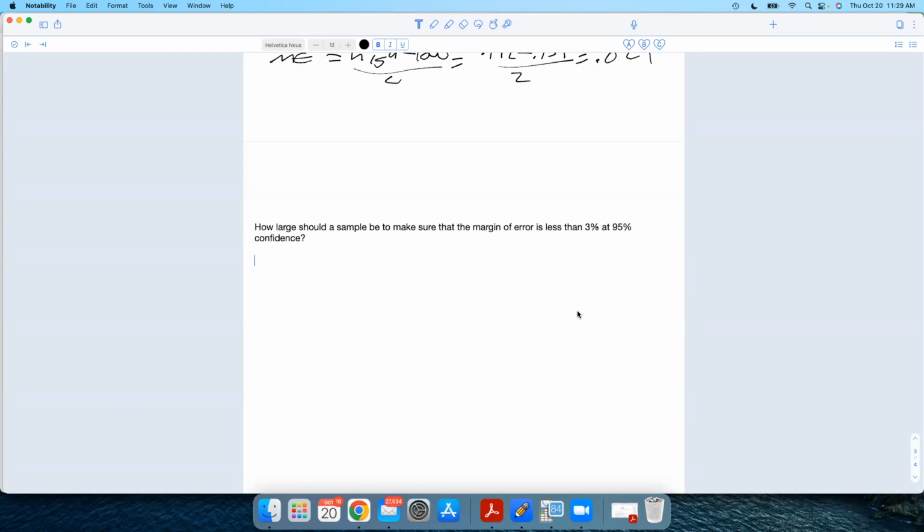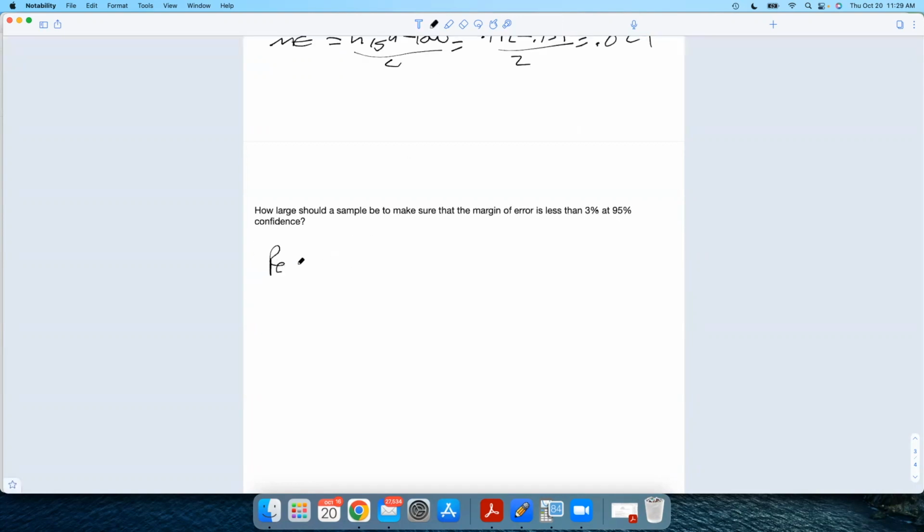So they decided ahead of time what they want their margin of error to be and what they want their confidence level to be. Recall, I just wrote it up there, the margin of error is some Z star times the standard error.